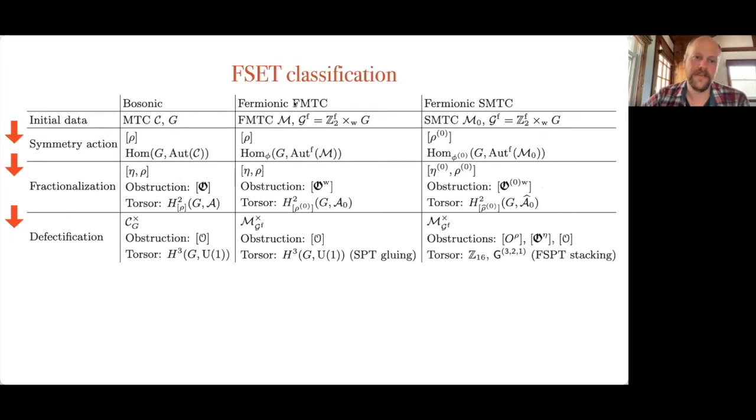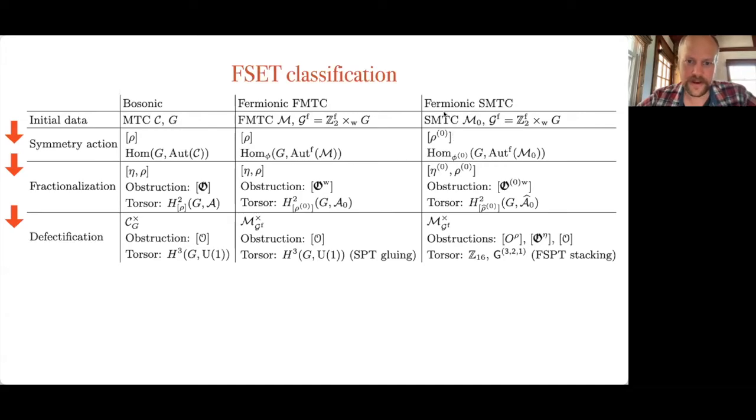The middle column is fermionic theories, classifying with respect to a fixed fermion modular tensor category and a fixed fermionic symmetry group. And the last column is classifying with respect to a fixed supermodular tensor category and fixed fermionic symmetry group.